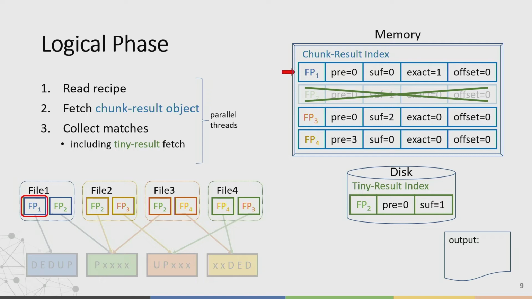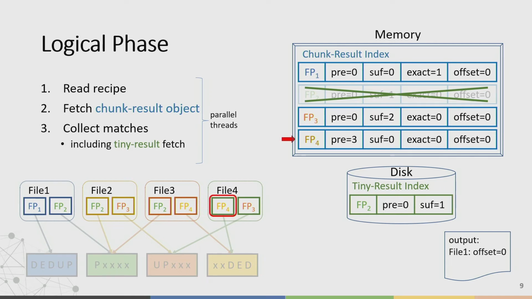We're not reading the chunk, but we go to the index in memory and see what we found for fingerprint 1. We can see here that we have an exact match in this fingerprint according to our database, and so we output a match in file 1.